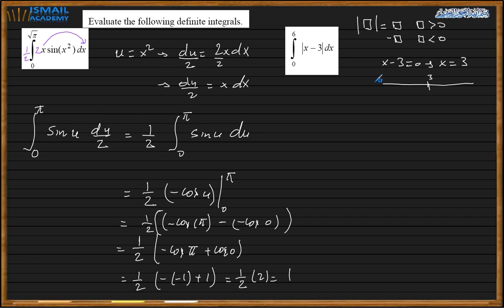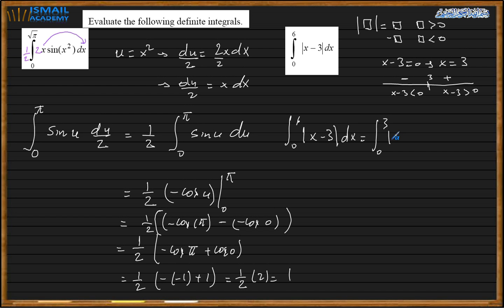This means x minus 3 is less than 0 on the left, and x minus 3 is greater than 0 on the right.